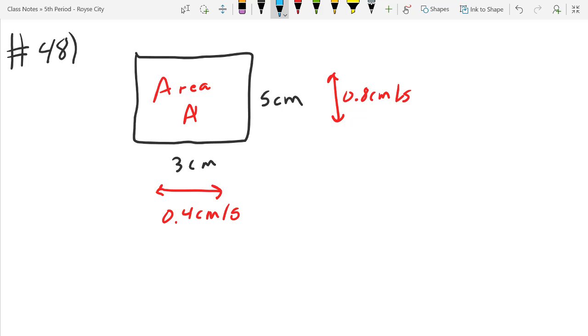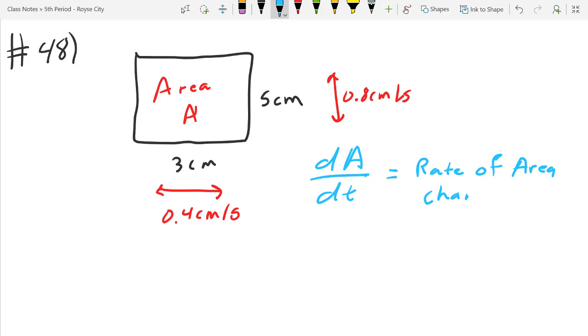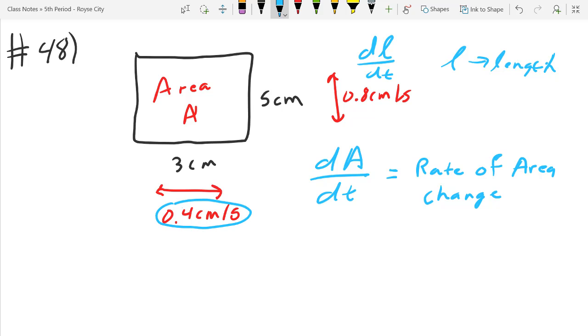So the notation we need to use here is dA/dt for the change of the area. Then this is the change in the length, so I'm going to call that dL/dt, where L of course is length. And then this 0.4 is the change of the width, so let's call that dW/dt, where of course W is your width.